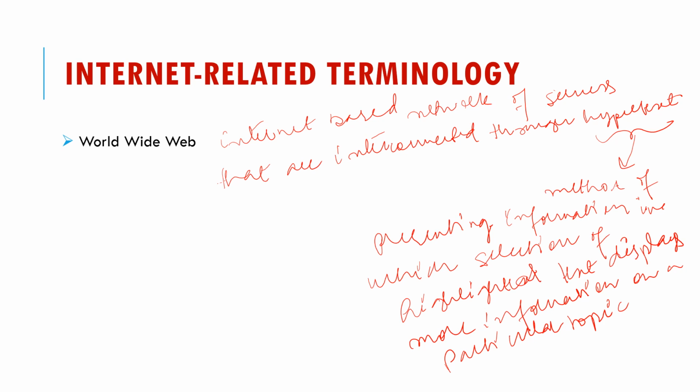Suppose in Google, if you have typed World Wide Web, then you will find this hypertext. It will be in blue ink color and one underline will be there. Upon clicking on this, you will go to a page where you will get the information about this World Wide Web.